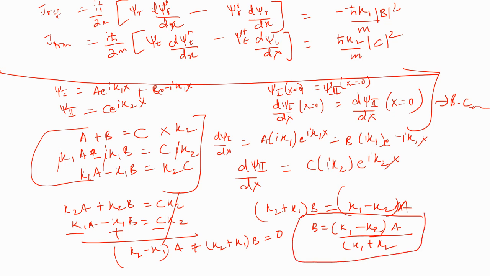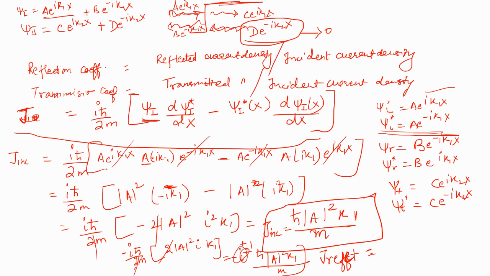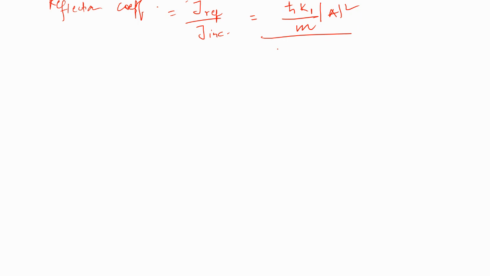Okay, and you know very well that the reflection coefficient, as I just told you, is equal to j reflected by j incident. And what was the value of j reflected? h cross k1 upon m a square minus h cross k1 upon m b square.